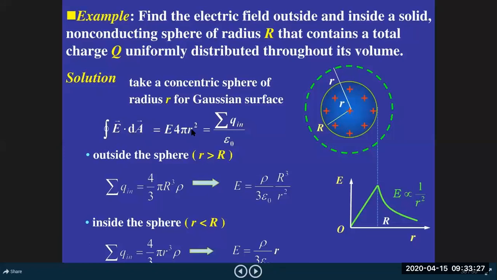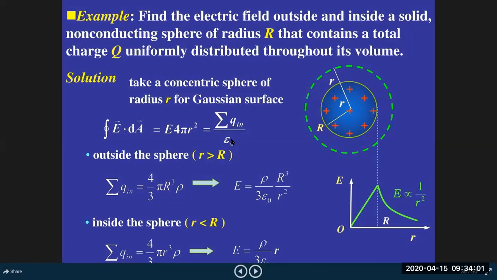Now from Gauss law, the total electric flux through a surface is equal to the total charge enclosed by the surface divided by epsilon naught. So we equate this electric flux with this. This Gaussian surface encloses the total amount of charge Q, because the total charge given to the sphere is capital Q. Therefore we write capital Q instead of the summation Qi, and we find the electric field at the point outside the sphere.